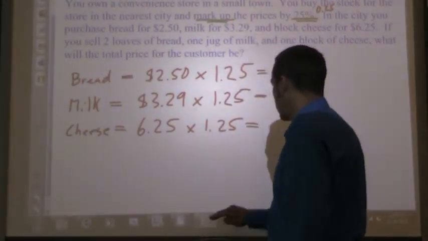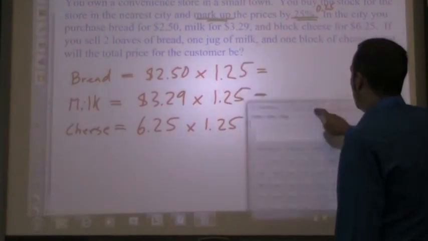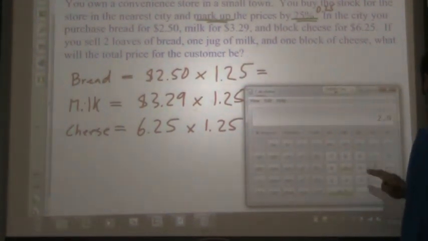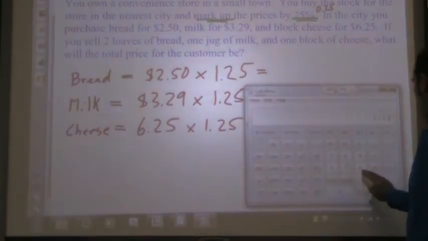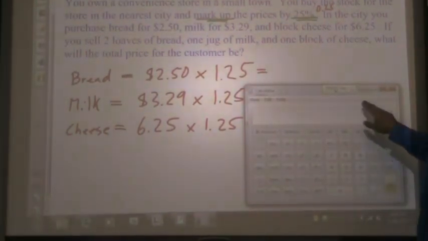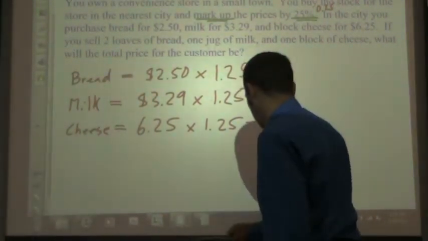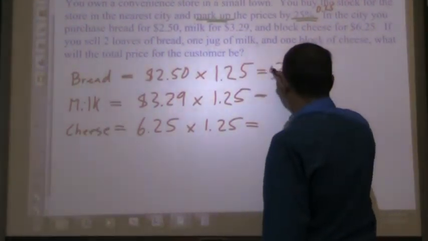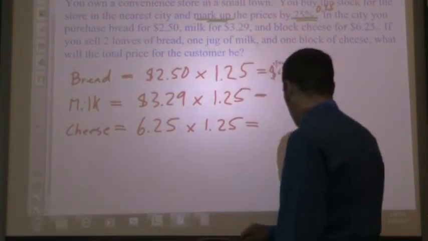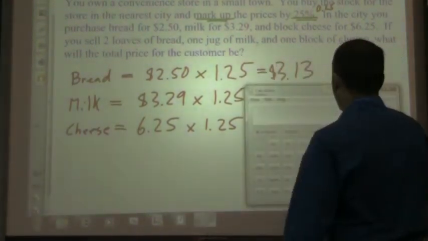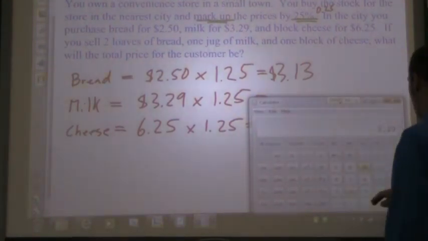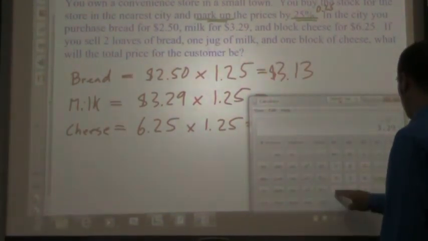So our calculator here, the first one was $2.50. We're going to multiply that by 1.25. I get $3.13. Multiply that by 1.25.